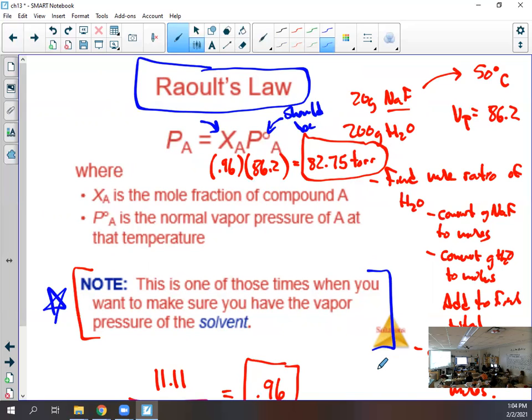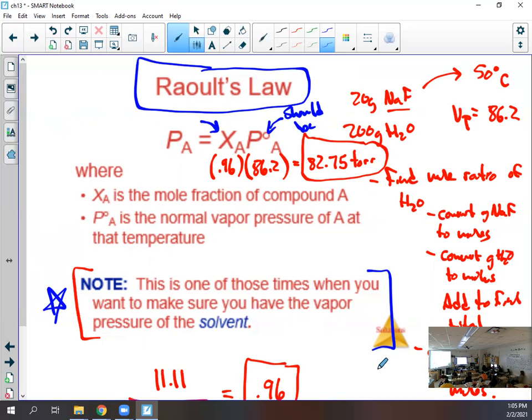This is one of those times when you want to make sure you have the vapor pressure of the solvent. So this is when we're doing molality. This is where molality will be involved. Okay, now, the reason why we want the vapor pressure of the solvent is because solid salt that's going to dissolve doesn't really even have a vapor pressure.